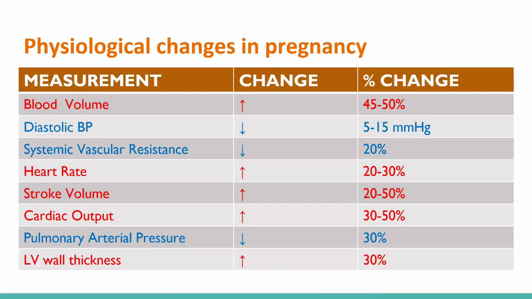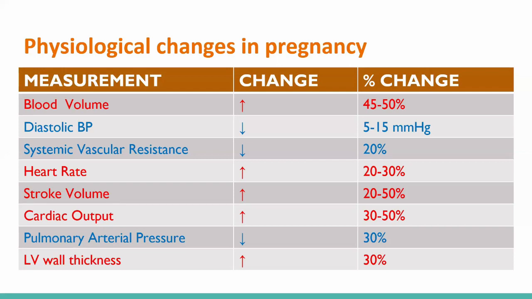So there are a lot of normal physiological changes that do occur in pregnancy. This slide focuses just on the cardiovascular changes that we see, and again, this is all normal changes. So the blood volume can increase up to 50%, and this results in increased blood flow to the uterus, kidneys, and skin, as well as for the metabolic needs of the fetus.